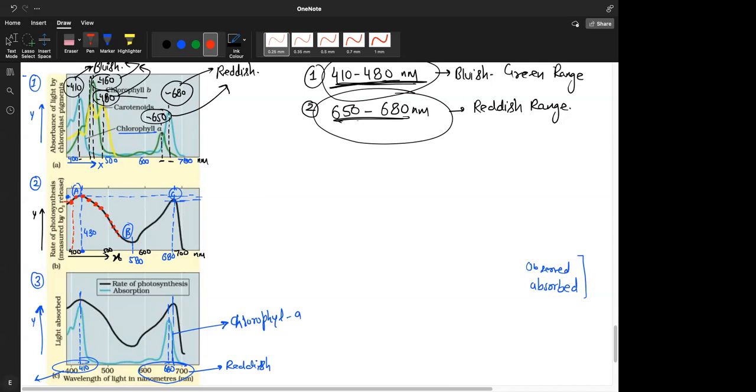So the highest amount of oxygen is released from that plant. Whereas when you give 580 nanometer light, it is the lowest. And then another peak comes at around 680 for the rate of photosynthesis. Is it clear? Yes, sir.